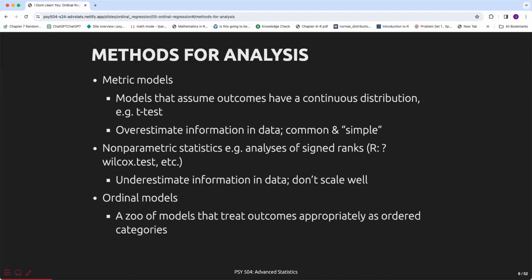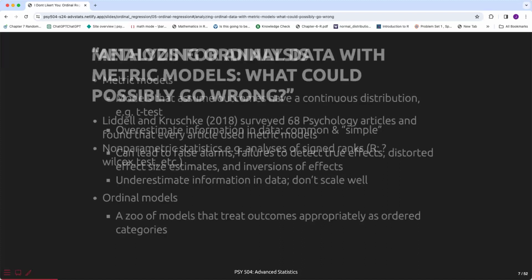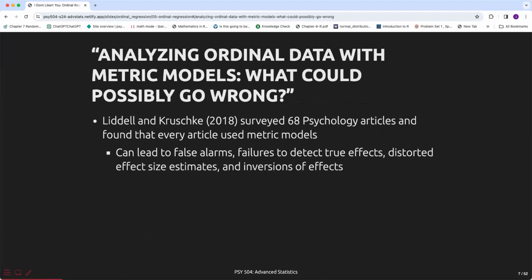And there are also ordinal models, which preserve the ordered nature of the variable. My hope is that by the end of this week you will shift your focus from using metric models for these ordinal variables to using ordinal models that better fit the data. If you read the Liddell and Kruschke paper, they analyzed about 68 articles in psychology journals and found that every single one of them used metric models to analyze these ordinal variables. So as I said, it is very common and traditional to use this.